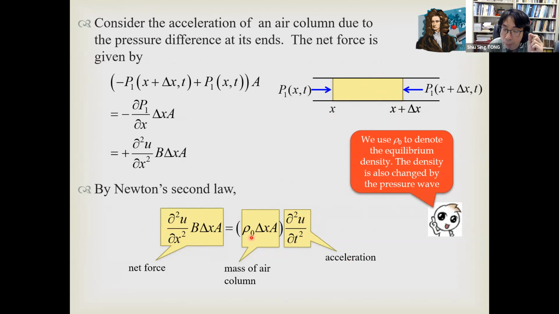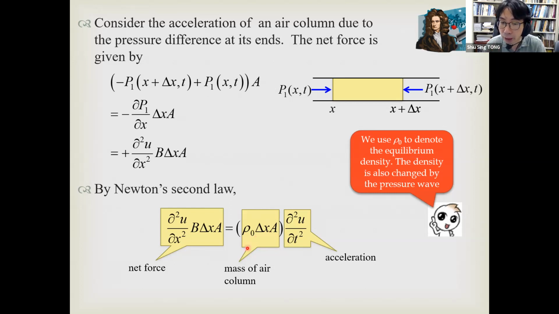The volume multiplied by the equilibrium density, which we denote by rho naught, is the mass of air there. Rho naught is the density without the wave.